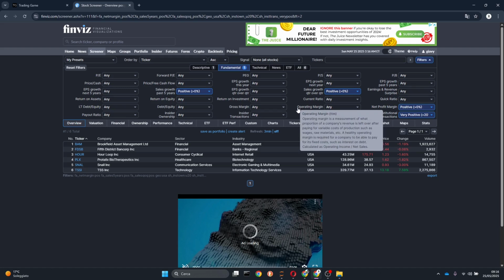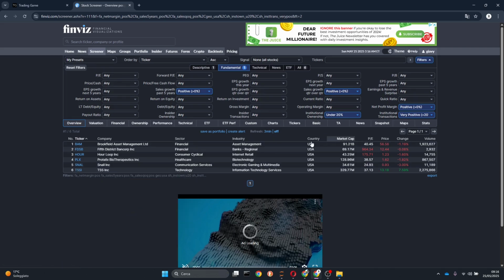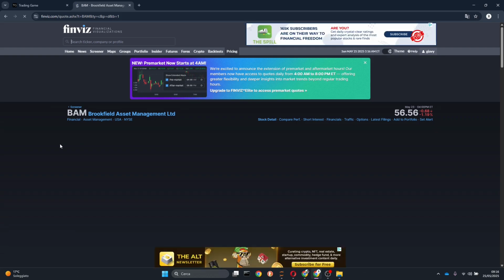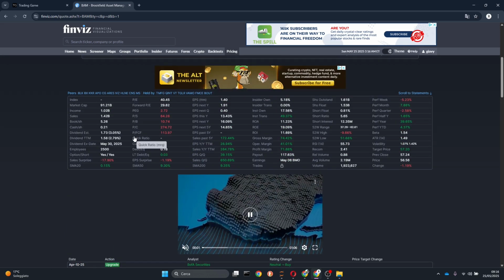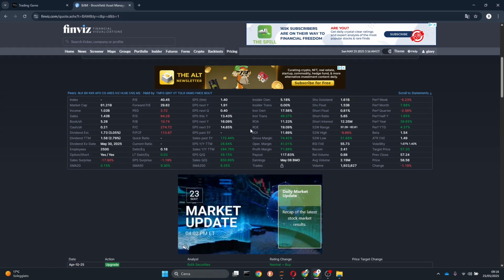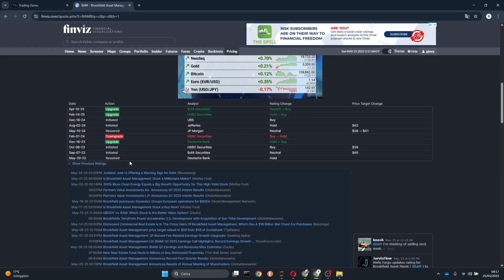So that's it. If you want to analyze a single stock, you can click on the name. You have all the dashboard with chart and main info, main indexes like return on equity, return on investment. You have how different items of the balance sheet moved over the years.